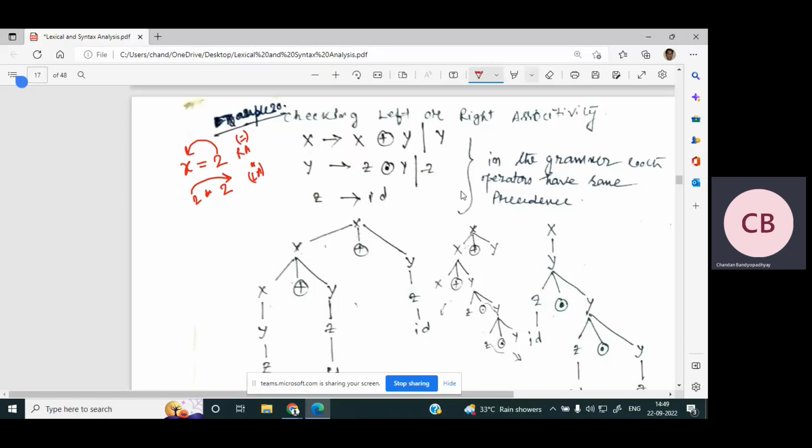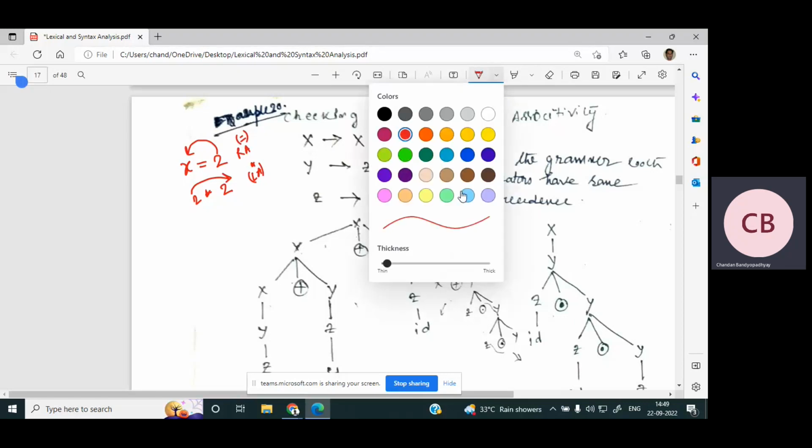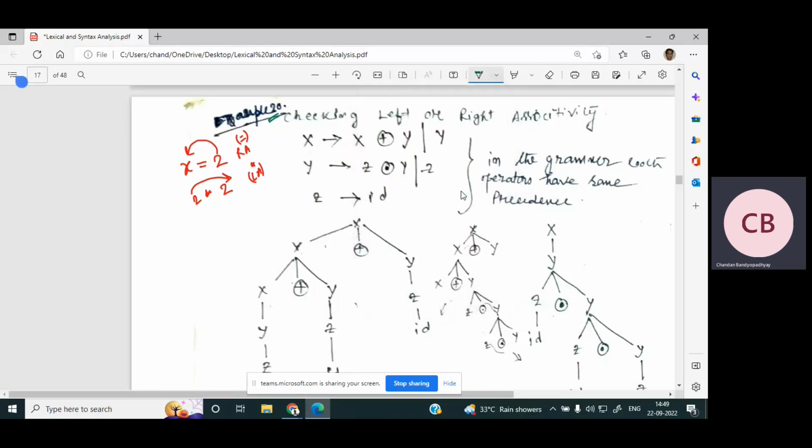Now, if I consider this example given in question number 20, x is generating x XOR y, y is generating z, x XNOR y or z, and z is producing id. Right?